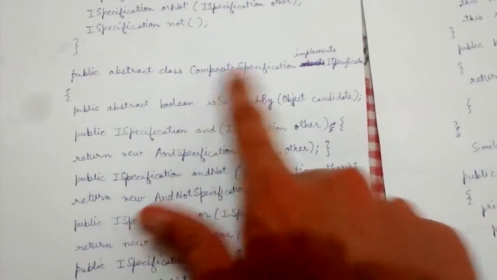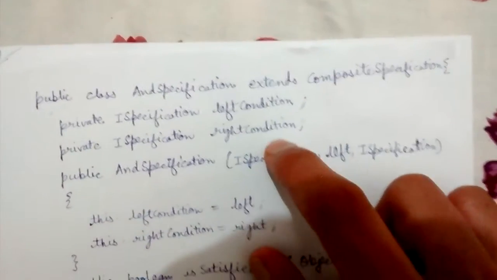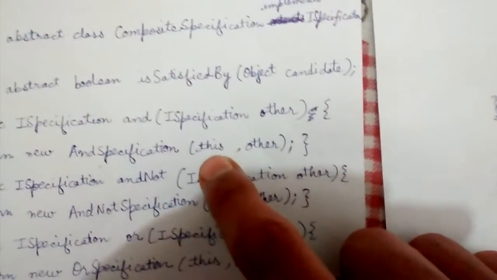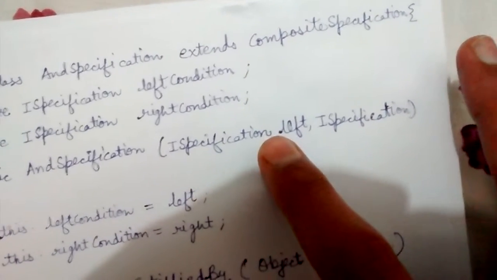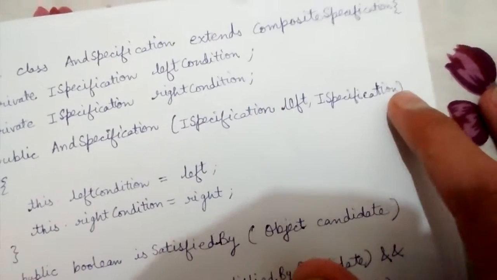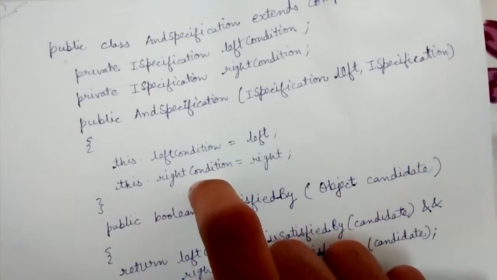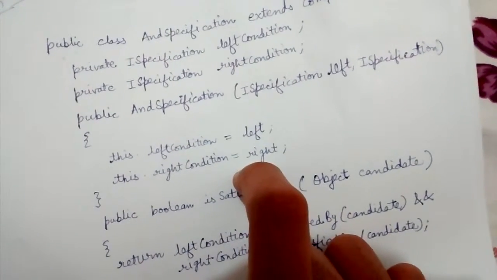It's extending this composite specification class first of all, and what it is doing is having a left condition and a right condition. So if I am passing this, that is myself and other, it will be taking them both, ISpecification left and ISpecification right, and it will be initializing its own left condition and right condition with whatever I provide it.